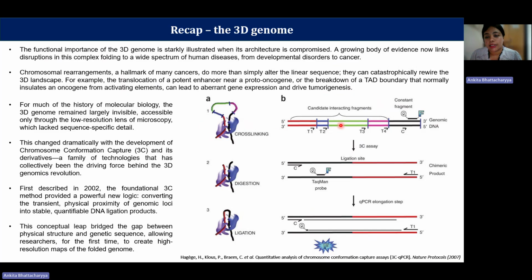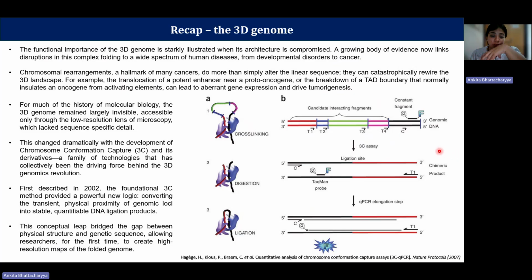So these are your candidate interacting fragments. You have this pink region and this blue region and this red and this green, and farthest among them is the black. As a result of looping, there are certain regions which are able to interact with each other. Largely, that includes, sorry, the black and the red regions.